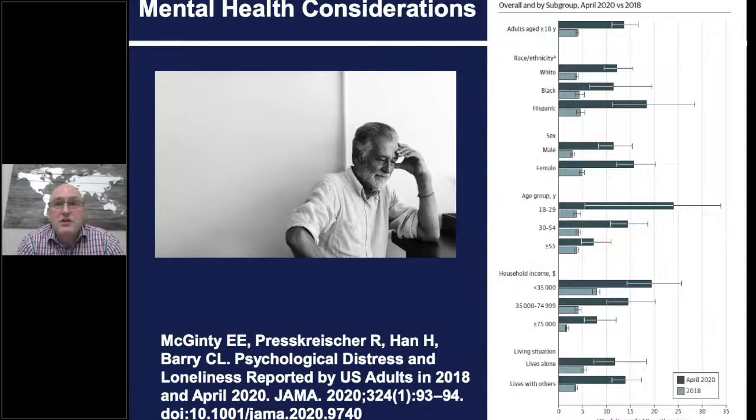And what we see is this heightened level of psychological distress, and this is amongst a sample of over 35,000 adults. And so given the links between physical activity and also mental health, it also is particularly timely to think about engaging in physical activity in the current pandemic context.